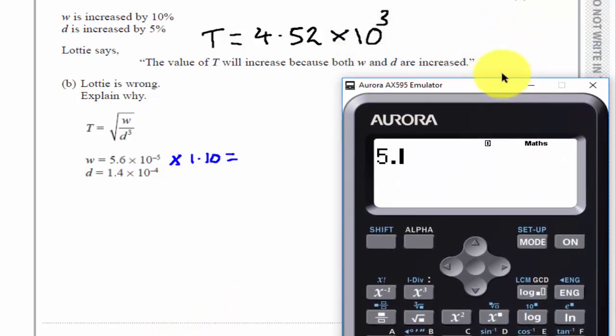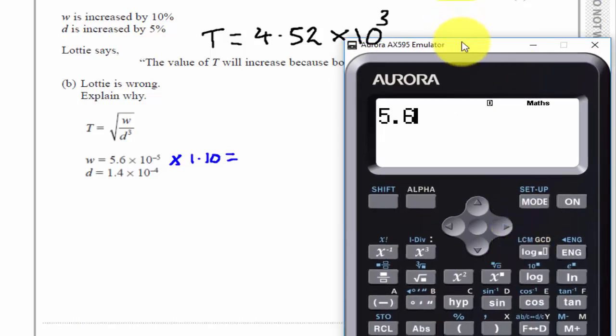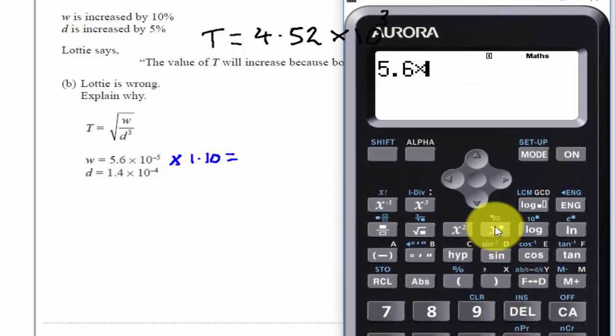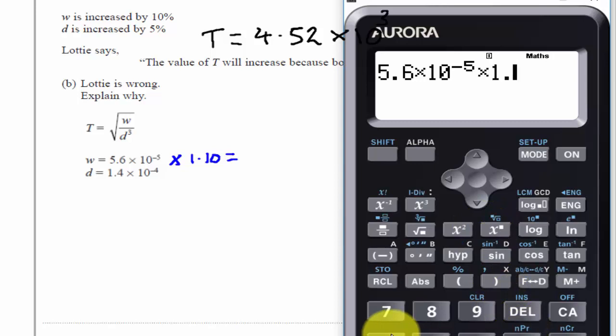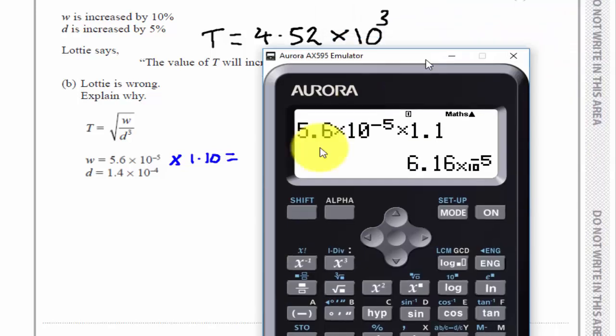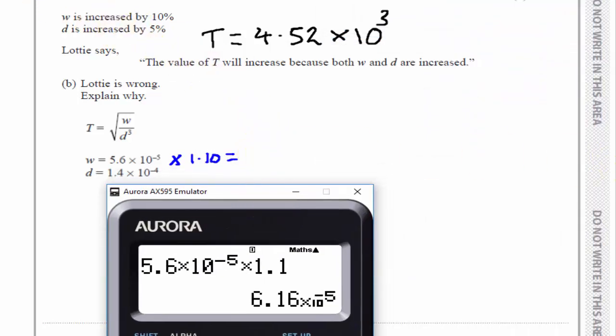So I'm going to have 5.6 times 10 to the minus 5 multiplied by 1.1, which will increase it by 10%. And I now get my new value of W, which is 6.16 times 10 to the minus 5.